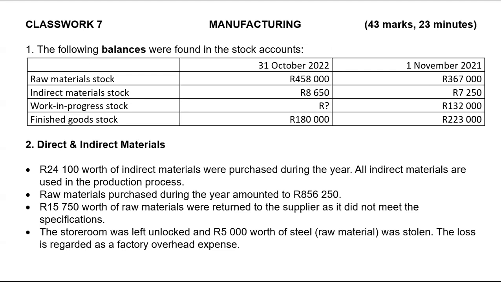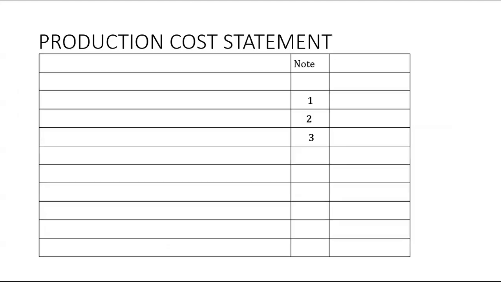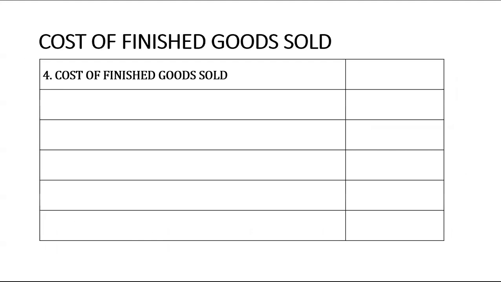Okay, so let me just see how I allocated the marks. I think this was 7, and this was 6, and this was 19, this was 7, and this was 4.